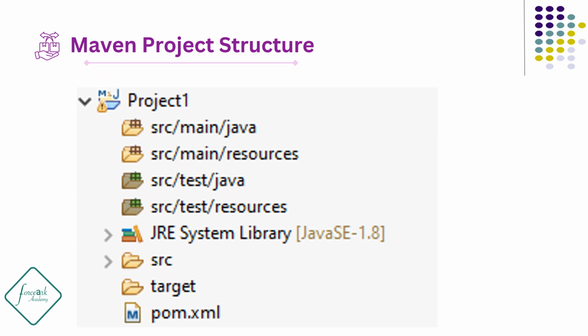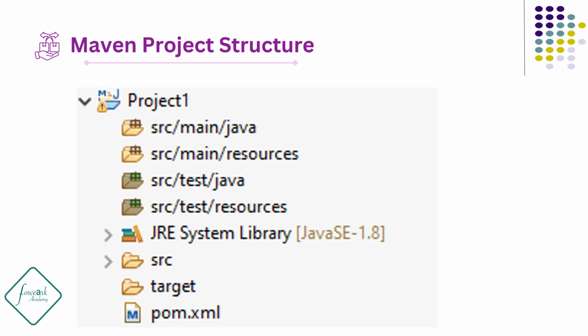And the test resources folder holds your Cucumber feature files, which are written in the Gherkin language. You can also keep test data files like Excel or CSV files for test execution. Here the JRE System Library indicates which Java version is linked to this project, and you can update it to Java 11 plus for modern frameworks if required.